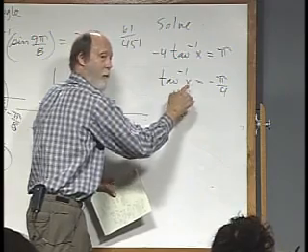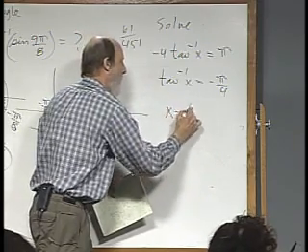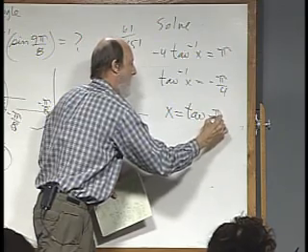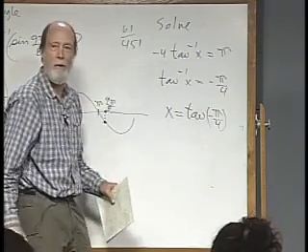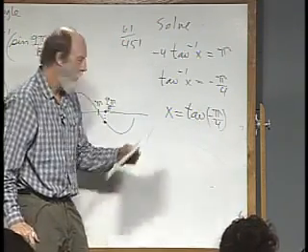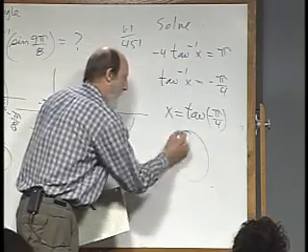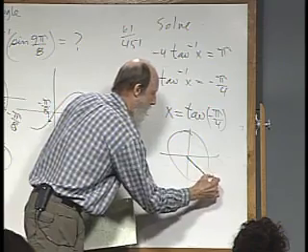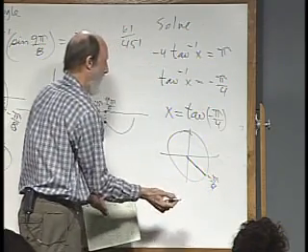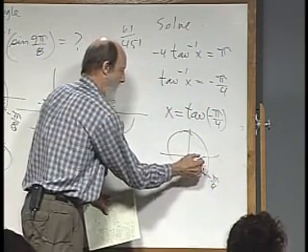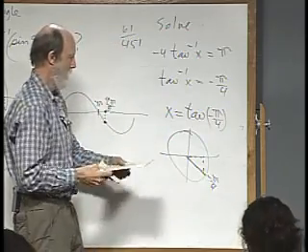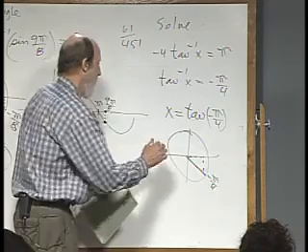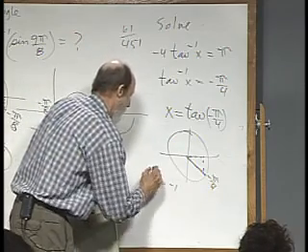X is the ratio. So x must be the ratio that happens to have a tangent that is the tangent of minus pi over 4. And then at this point, you then come back to your unit circle because minus pi over 4 is familiar to you. And you answer the question. What's the tangent reading right there? It's the slope, isn't it? -1. So x is -1 on this problem.